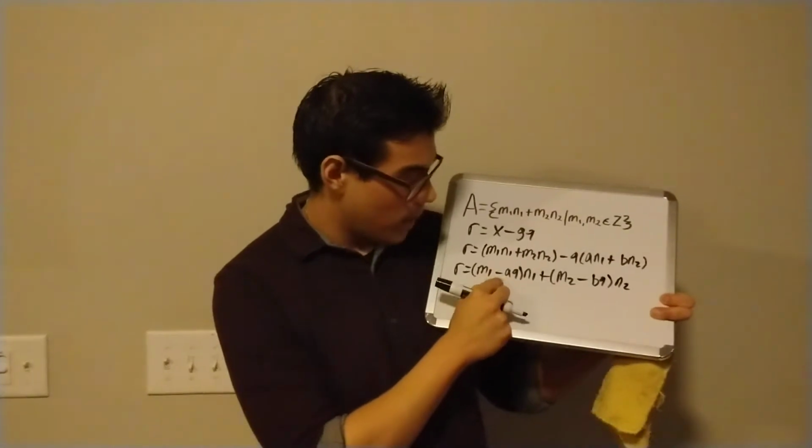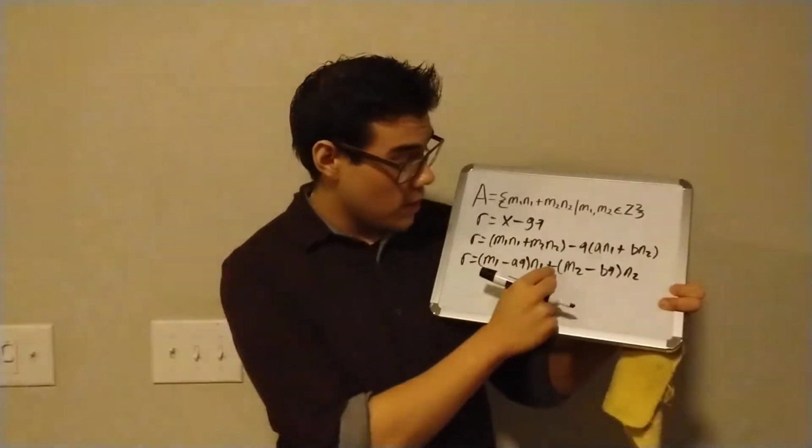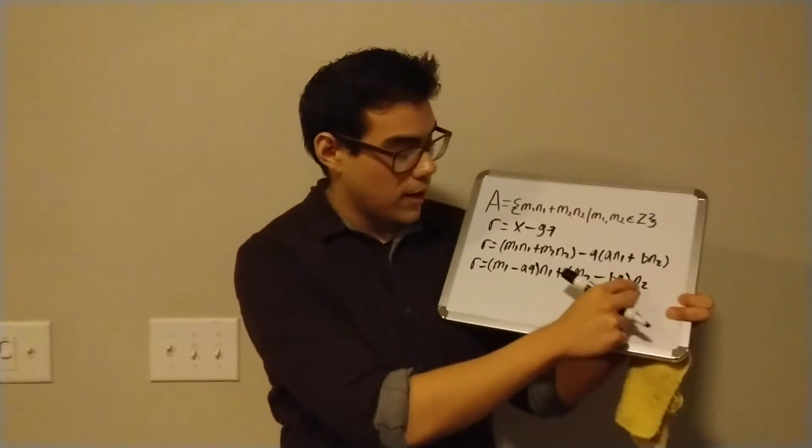And then we can further expand that as such, where we can get the quantities and multiply them: m1 minus aq times n1 plus m2 minus bq times n2.